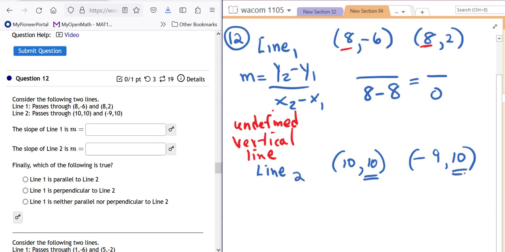On this one, the Y's are the same, which is going to put a 0 in the numerator. It doesn't matter what the denominator is. 0 over anything equals 0. So this one is a horizontal line.